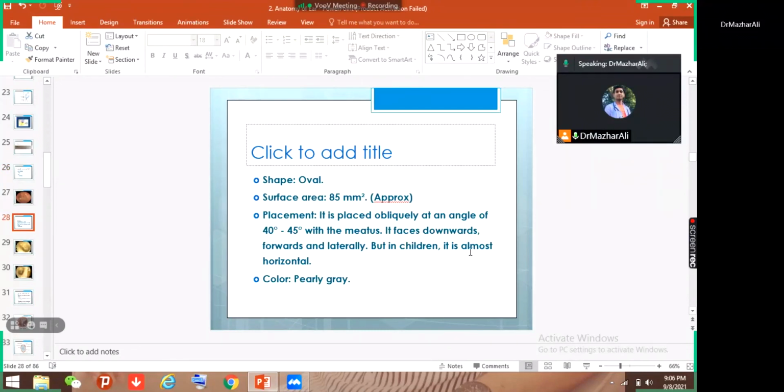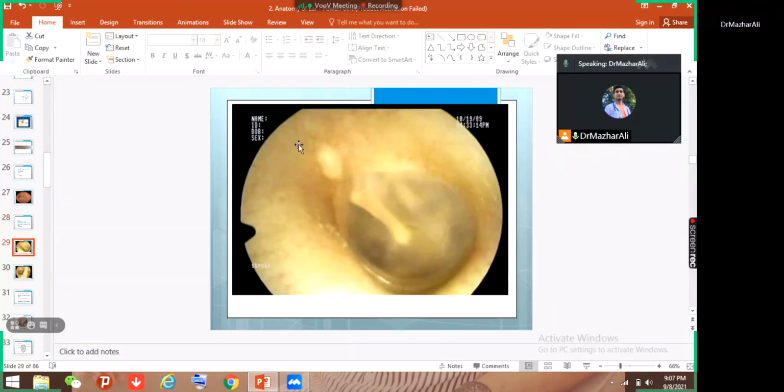But in children, it is almost horizontal. That's the reason infection is more common in children, due to the horizontal position, and it's pearly gray. You can see in the picture the external ear and tympanic membrane, and this is how it is located.